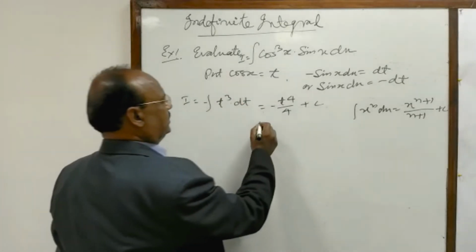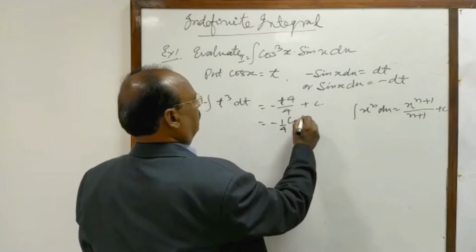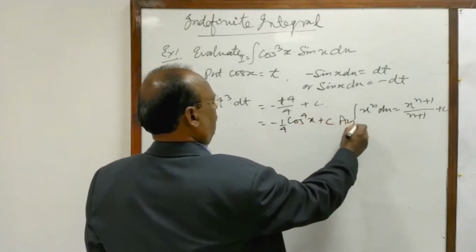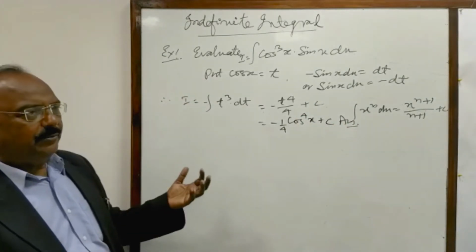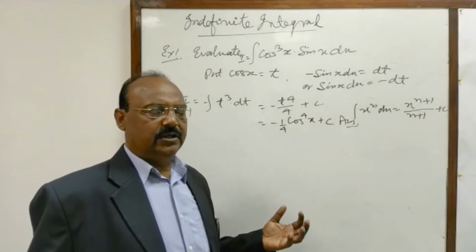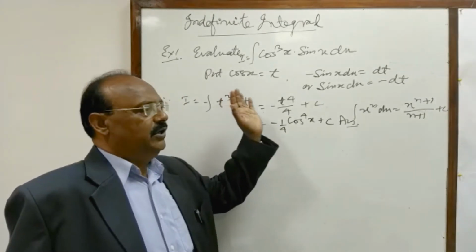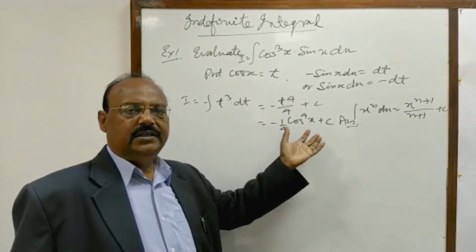So this is minus 1 by 4 into cos to the power 4 x plus c. This is the answer. So we just have to understand the technique of substitution, and after substitution the integral becomes very simple and we can evaluate it very easily.